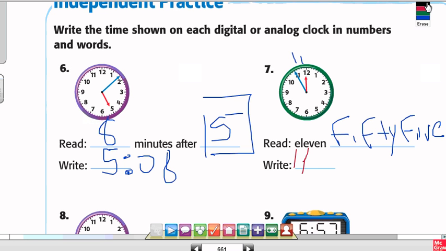Yeah, you're right, it's 55, but what's in between the numbers? A colon. Then I write 55. Don't forget the colon in the middle.